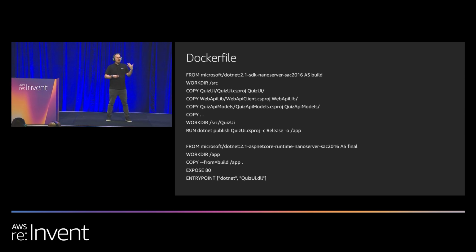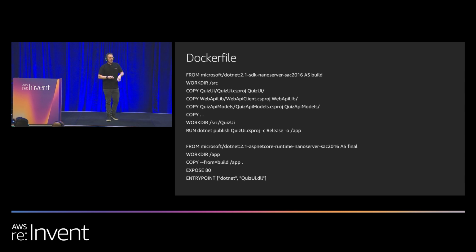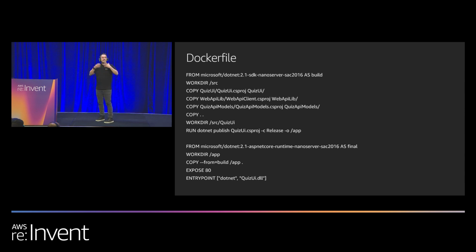The concept of multi-stage is that you inherit from a base layer, we then do some stuff in that container, we build our container up, and then we output the files from that container and create a fresh container in the second portion. And the reason we do this multi-stage is because when you're building an image, you might need this SDK base image. You might need some SDK files to actually build your project.